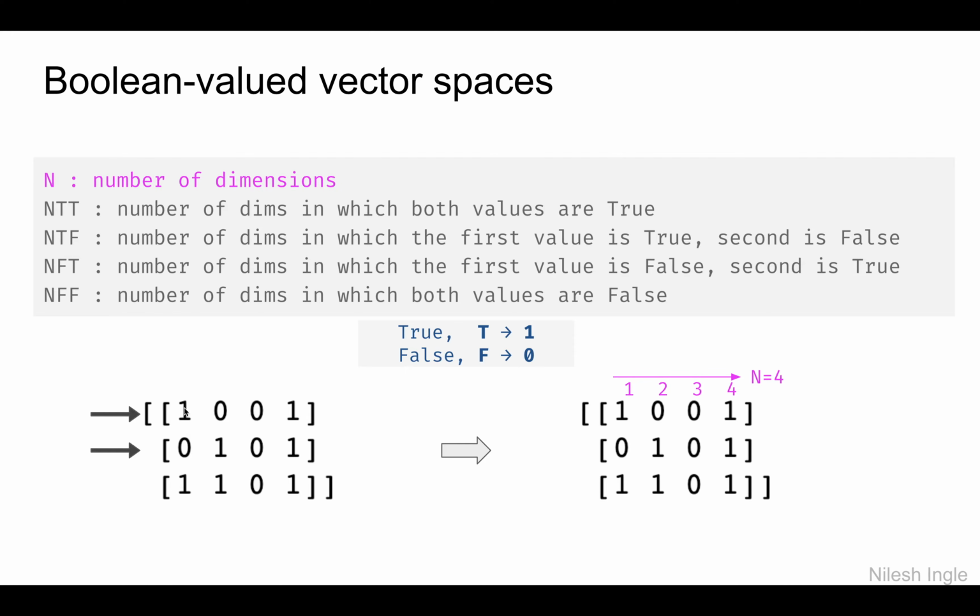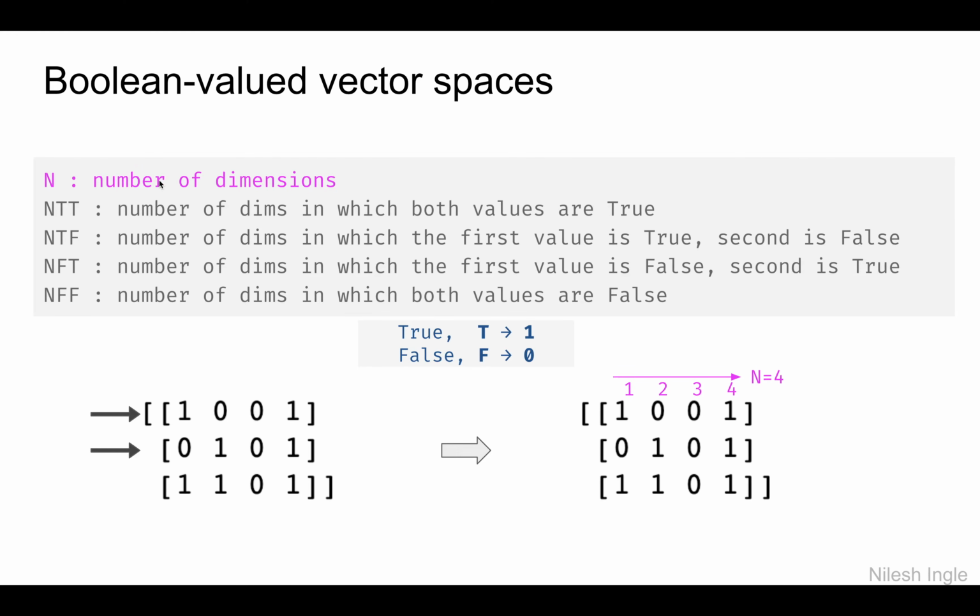Each number, 1 represents true and 0 represents false for some conditions. And same thing here. So if we have these n, ntt, ntf, nft, nff, we look at what all these mean.